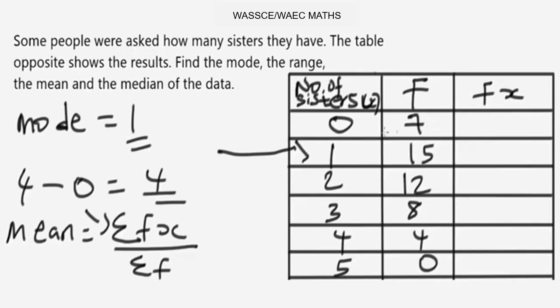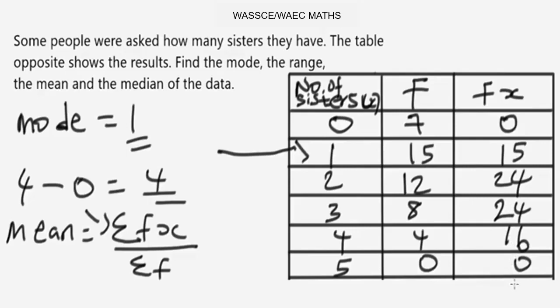So 7 times 0 will still give us 0. 15 times 1 will give us 15. 12 times 2 will give us 24. 8 times 3 will give us 24. 4 times 4 will give us 16. And 5 times 0 gives us 0.